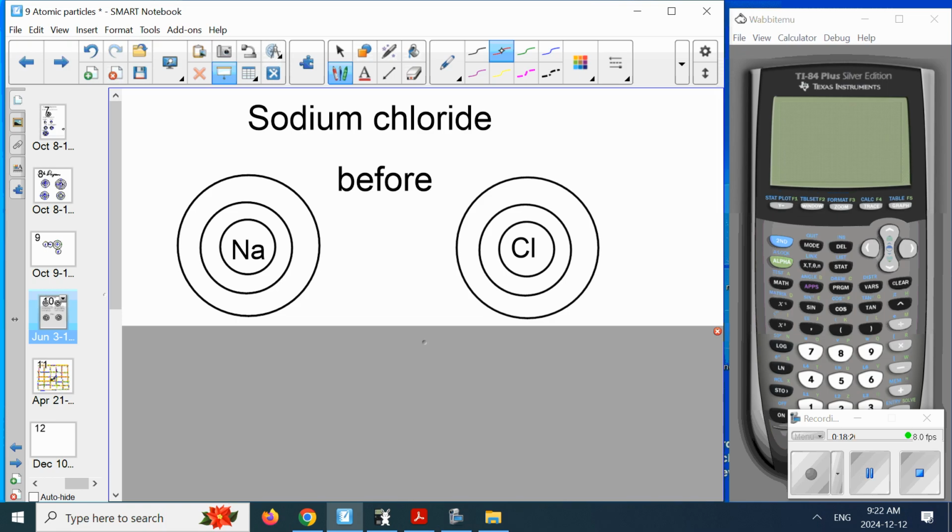So sodium is in the 3rd period. That's number 11. So it has everything on the inside: first ring, first shell, first level, 2, 8 on the second, and one lonely little guy on the 3rd, which is 1 at the top.